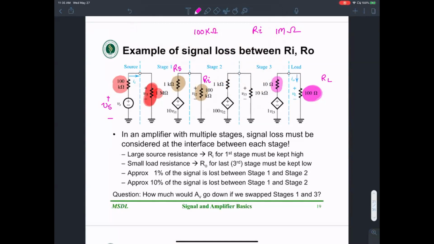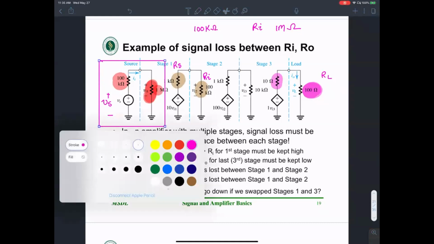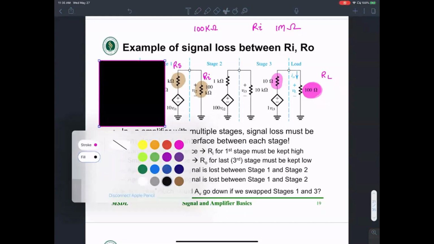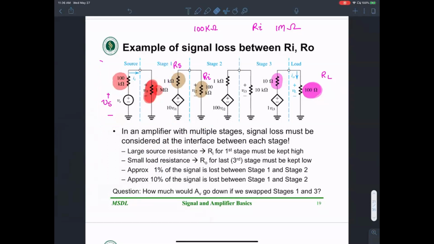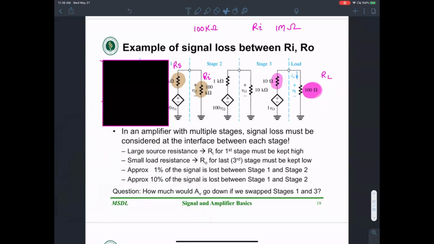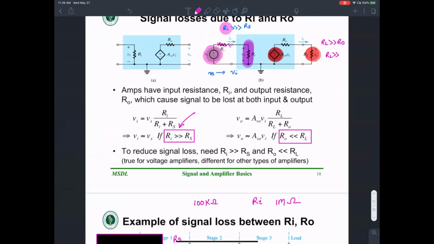If you were to ignore all of this and just look at this stage as the input, the resistance here, 1 kilo ohm resistance, that's the source resistance, and this guy happens to be the Ri. This is the source resistance, and this is the Ri.